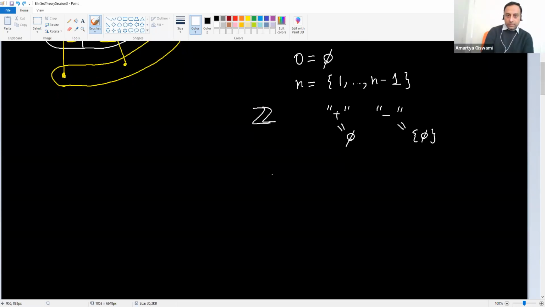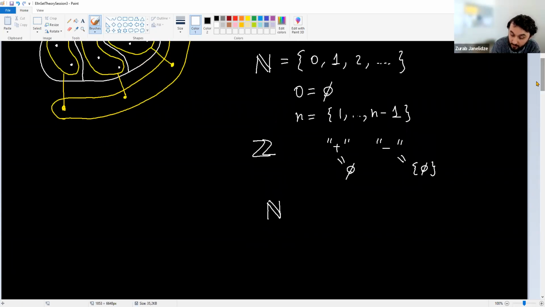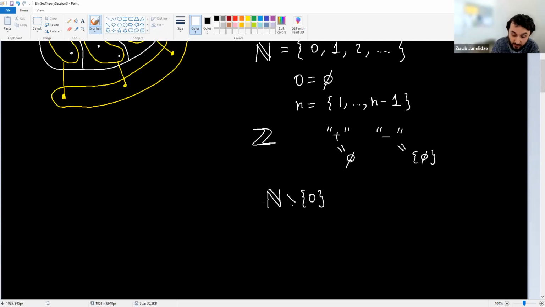And then we take the Cartesian product of N, but we actually want to consider N without 0 for now. So we remove 0. This is the way of removing elements from a set. This operation A minus B, called the difference of sets, is defined the following way.